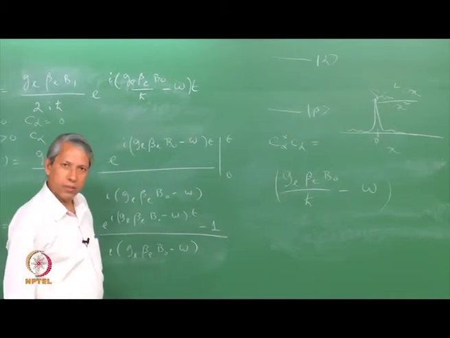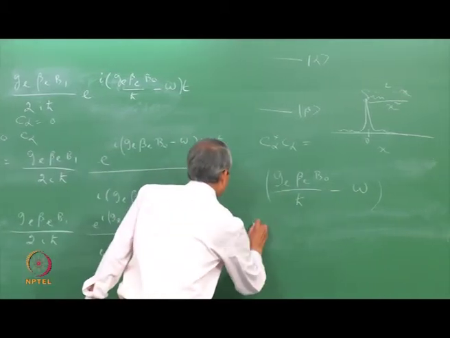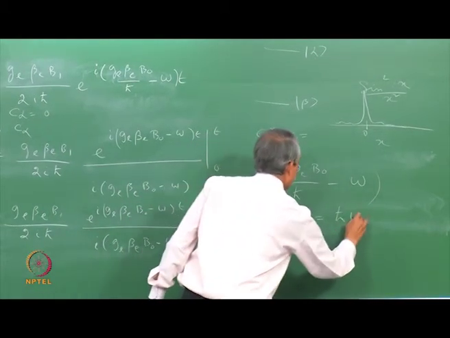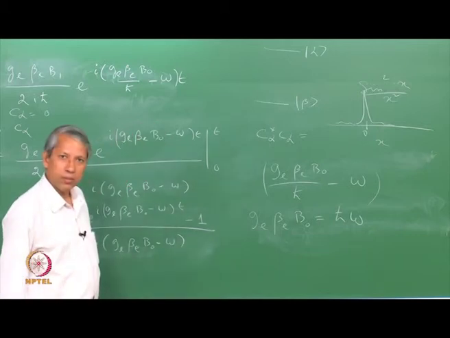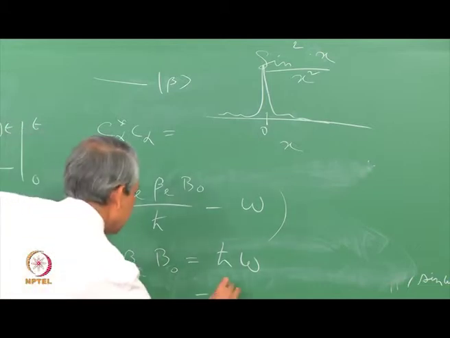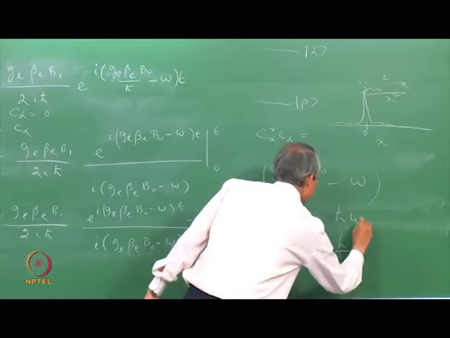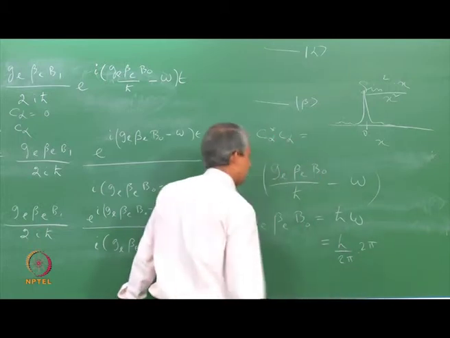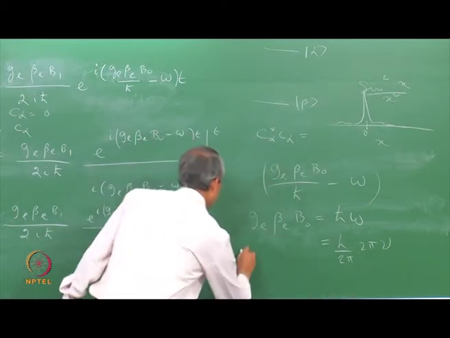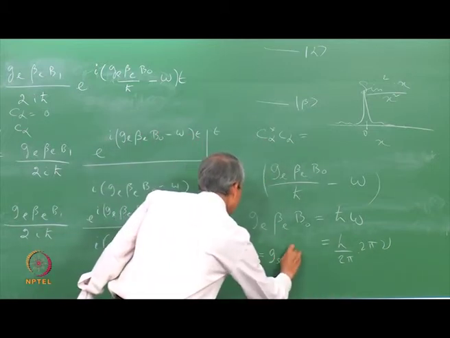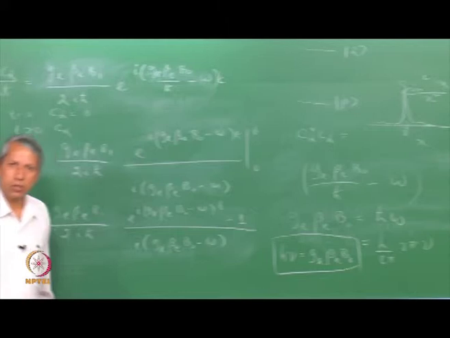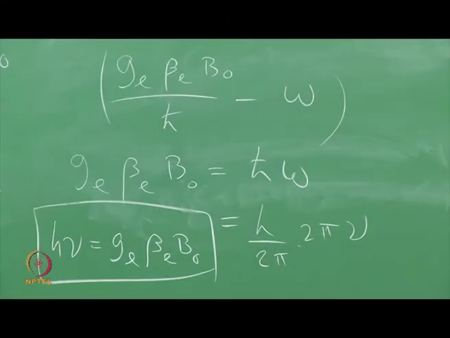Now, this is interesting because this also shows that this is actually equal to h cross omega, and this is nothing but the Larmor precession frequency in disguise. Where is the disguise? If you write h by 2 pi and omega is 2 pi nu, then this gives h nu equal to g e beta e B0, and this is nothing but the resonance condition that we have been talking about all the time.